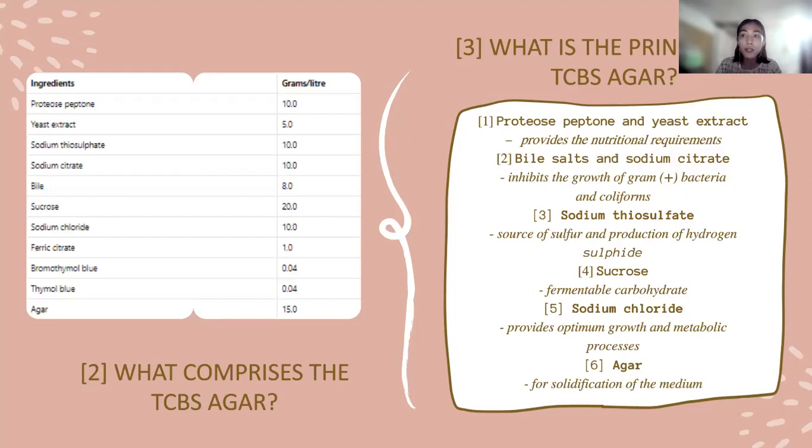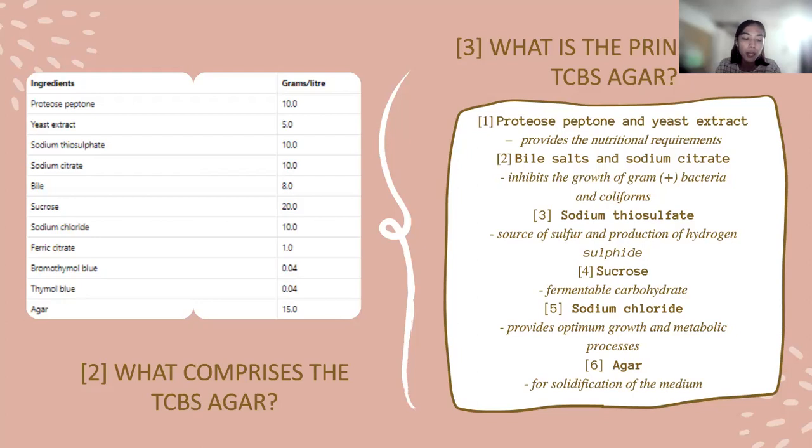So in the fourth spot, we have the bile. That's for about 8 grams per liter of the agar or agar medium. Number 5, we have the yeast extract, which accounts for 5 grams per liter, followed by ferric citrate, 1 gram per liter.